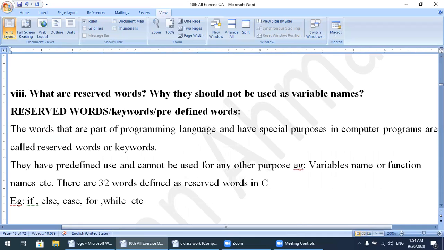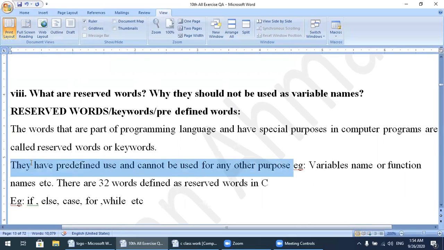Those words which are not present in the dictionary are red underlined in MS Word, and in a programming language, a few words are already stored in the compiler. That's why they are known as keywords, reserved words or predefined words. They have a predefined use and cannot be used for any other purpose.